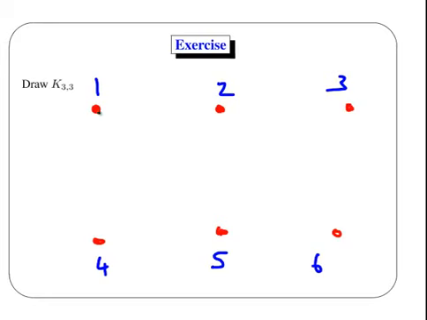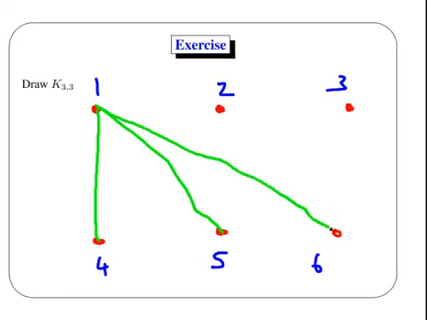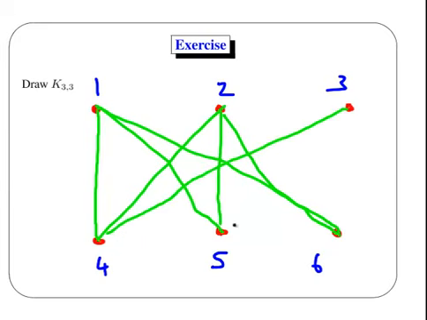So 1 is connected to 4, 1 is connected to 5, and 1 is connected to 6. 2 is connected to 4, 2 is connected to 5, 2 is connected to 6, and 3 is connected to 4, to 5, and to 6. So that is K_3,3.